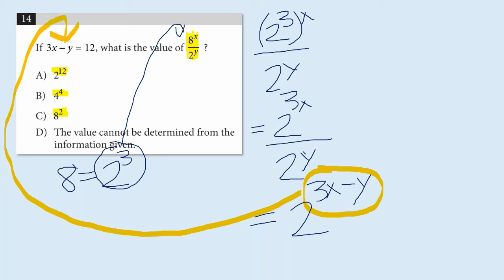Now all I need to do is go ahead and substitute 12 in for 3x minus y. So I end up then with 2 to the 12th power. And I now see that the answer is going to be this guy.